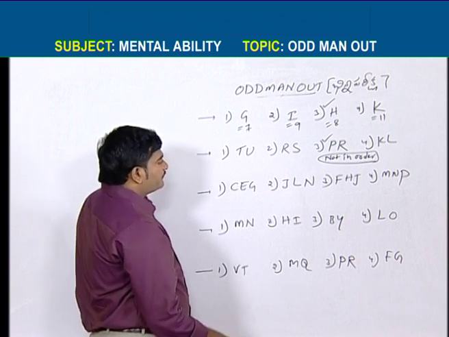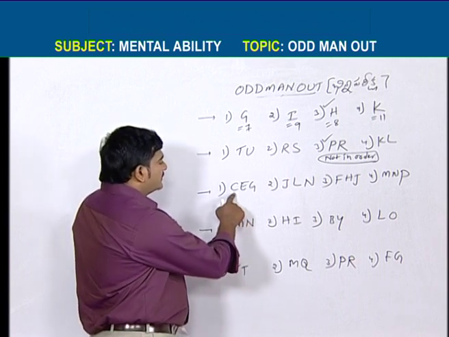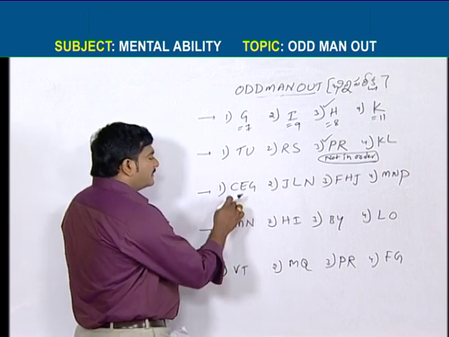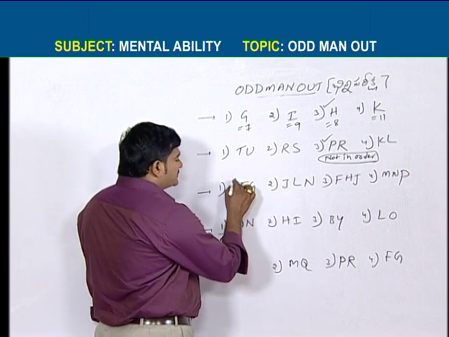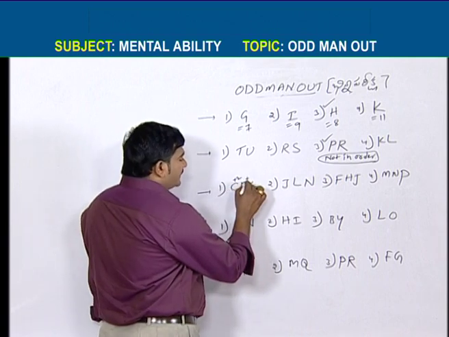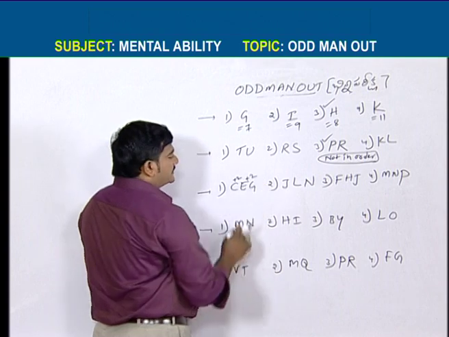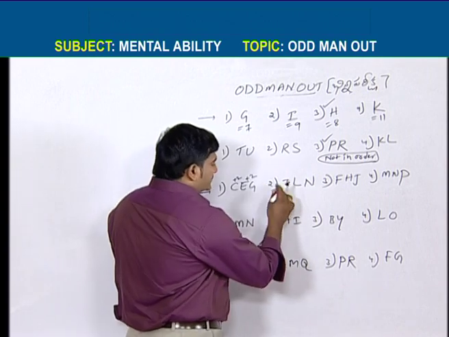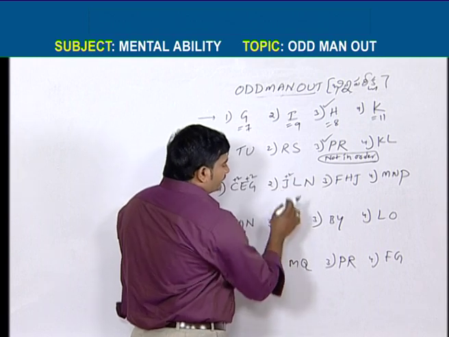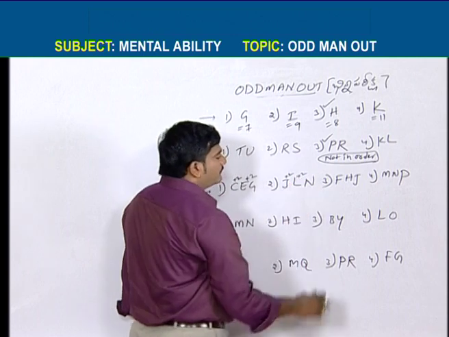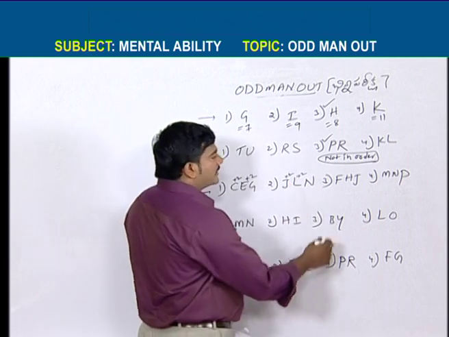See, observe here. What is the concept involved in this? C means 3, E means 5, G means 7. C means 3, add plus 2, we get 5. For this 5, add plus 2, getting 7. For J, add plus 2, getting L. For L, add plus 2, getting N, which is 14. That is the concept.